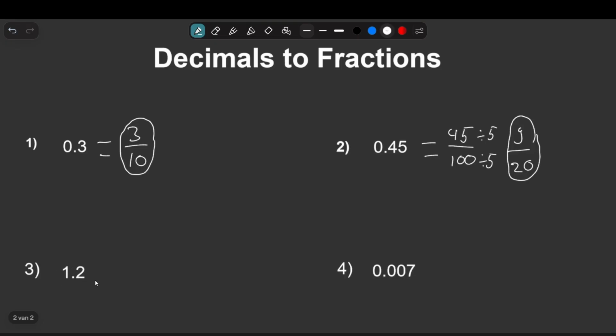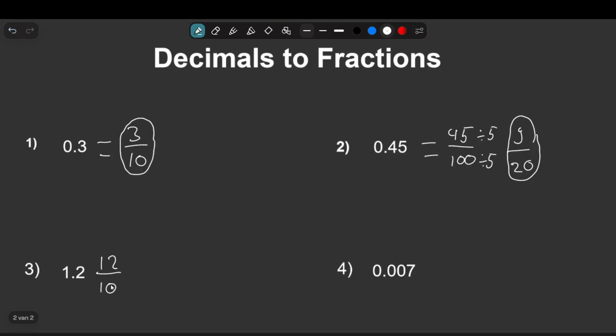The decimal is in the tenths spot, so our denominator is going to be 10. Now, as I said, whatever is to the right of the decimal will be our numerator, like this. But in this case, we also have a 1, a whole number, so we can just put this 1 to the left of the 2. So we have 12 tenths.